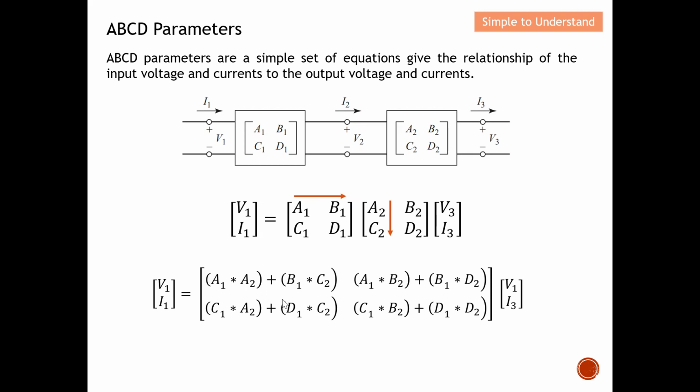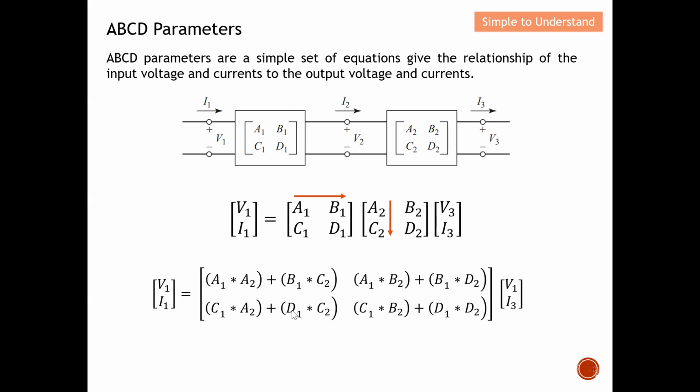Next, how can I find this component of the 2 by 2 matrix? Again, you can imagine the line drawn here versus here. What I find is C1 multiplied by A2, plus D1 multiplied by C2.